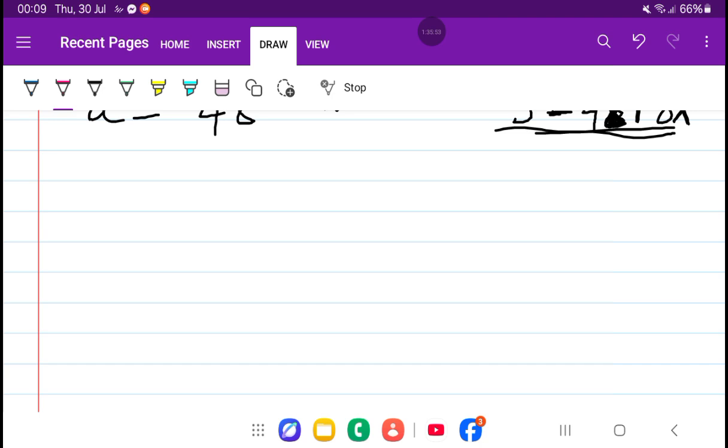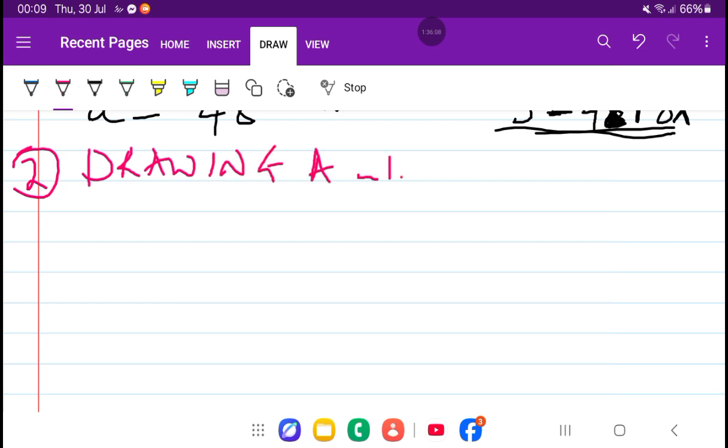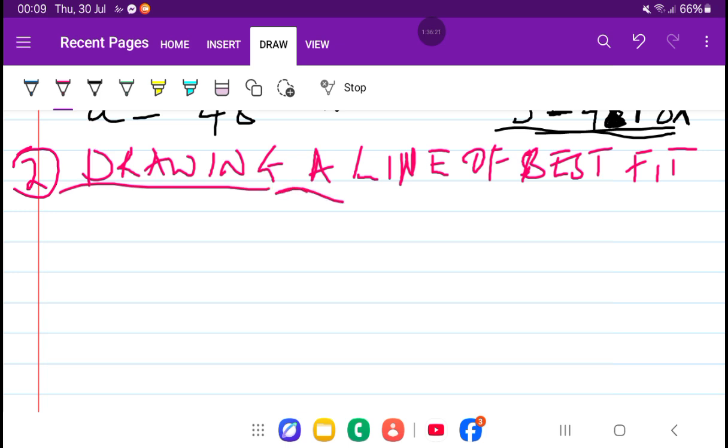So let's look at the second method of drawing a line of best fit.